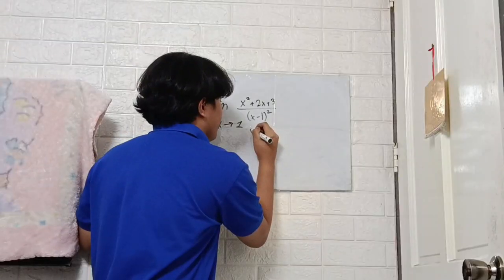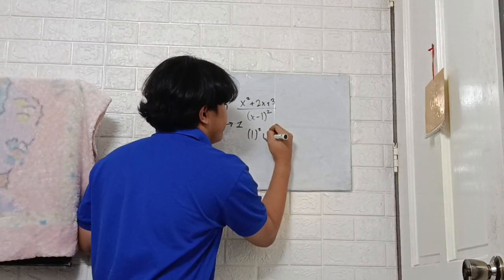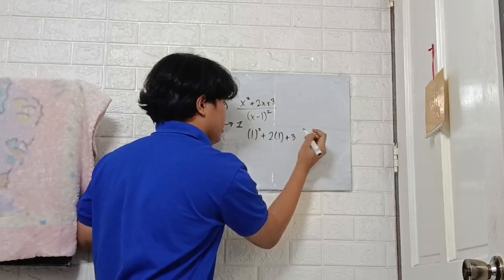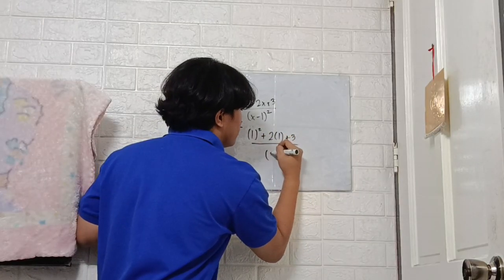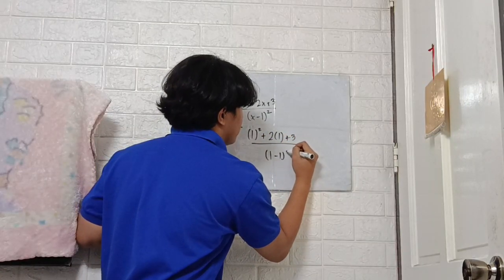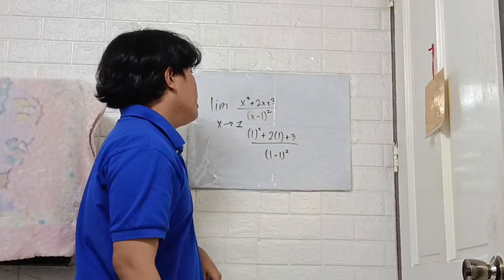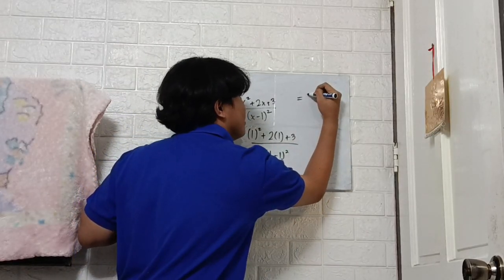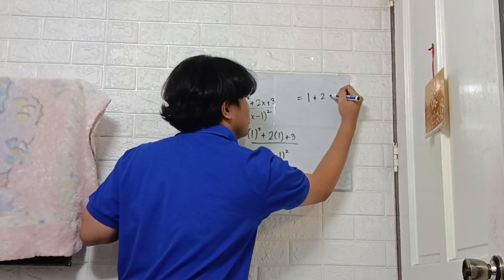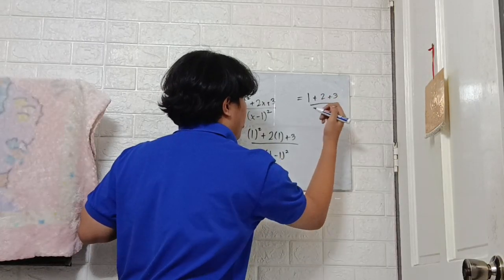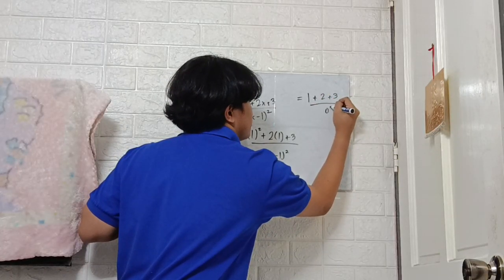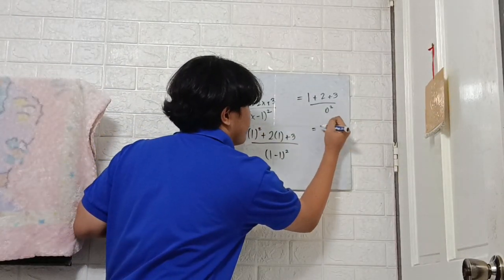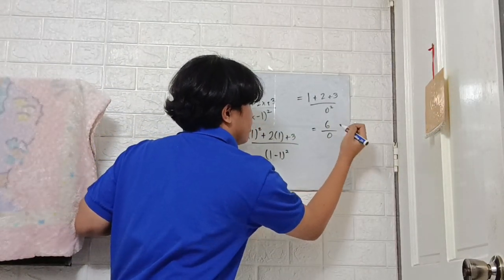So it will become 1 squared plus 2 times 1 plus 3 all over 1 minus 1 squared. And to simplify this, it will become 1 plus 2 plus 3 all over 0 squared. And the answer here will become 6 over 0.